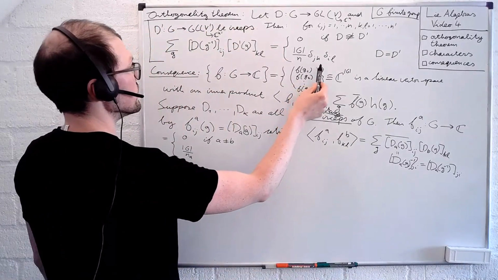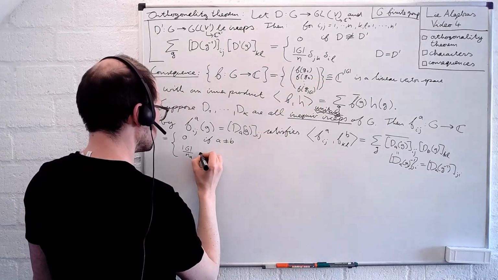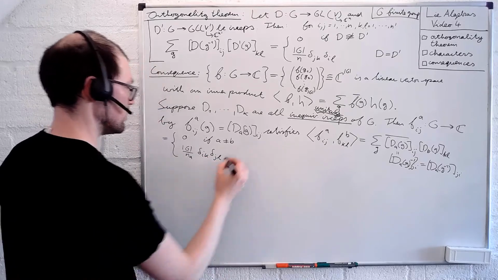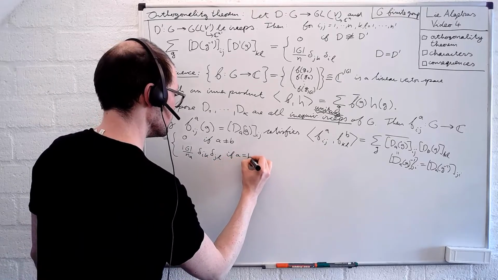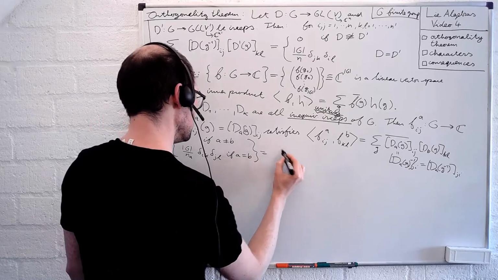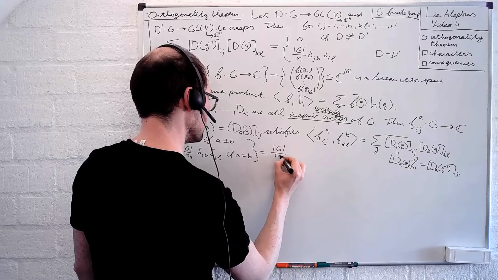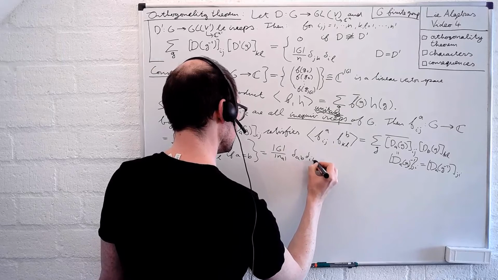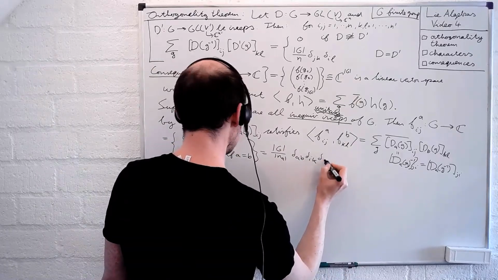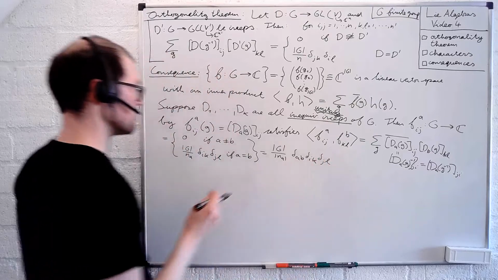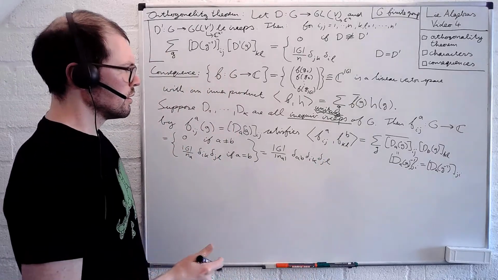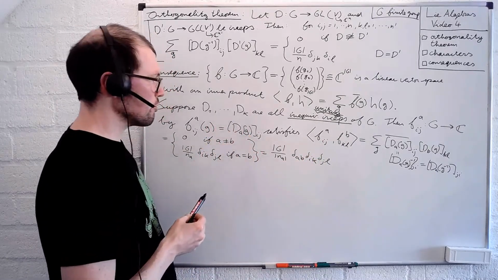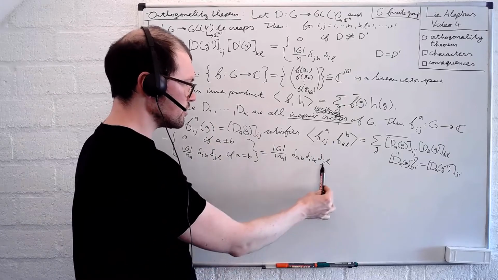It's delta of i and k, delta j, l, if a equals b. Just to summarize, this is |G| over n_a, delta_ab, delta_ik, delta_jl. So these particular functions that I build out of all these irreducible representations are all orthogonal to each other.